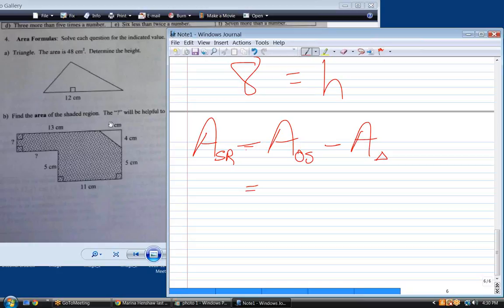Because this total top is 16, this here is 11, subtract the 2 to get that. So, here, let me draw this. I got 5. Yeah, that's correct. 16 minus 11 is 5. Okay. And what is this dimension right there? 4 centimeters.